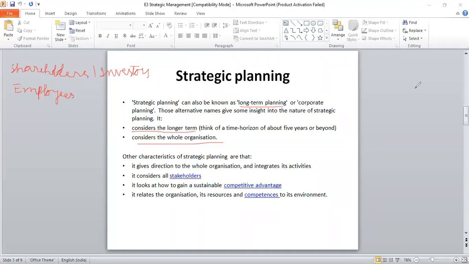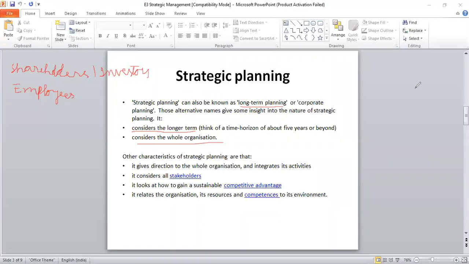All these aspects are considered when a strategy is framed, because each stakeholder, some of them may get benefited in a bigger manner, some of them may have small benefits. Some of them are just external parties who are interested to understand the performance of the business, like the general public.